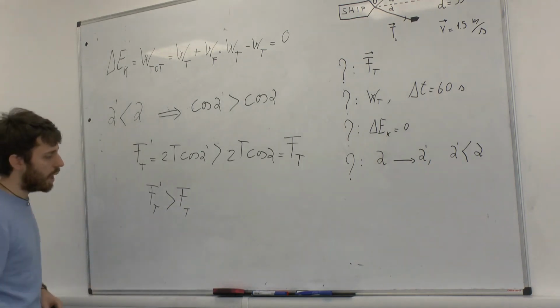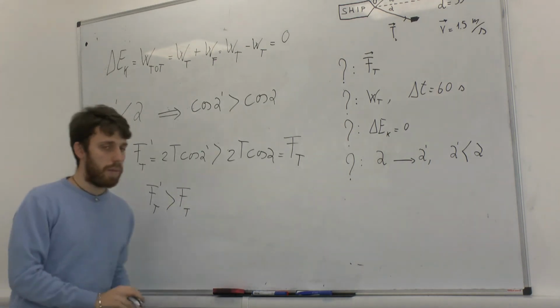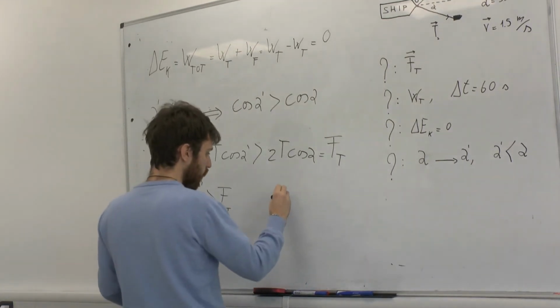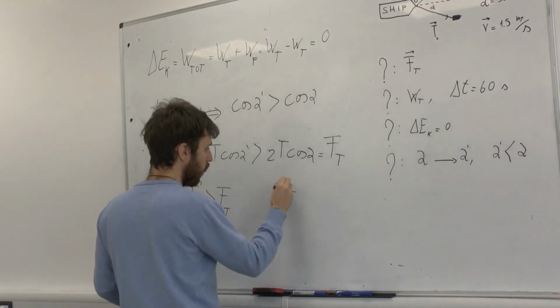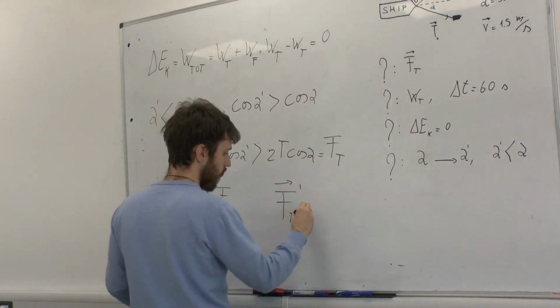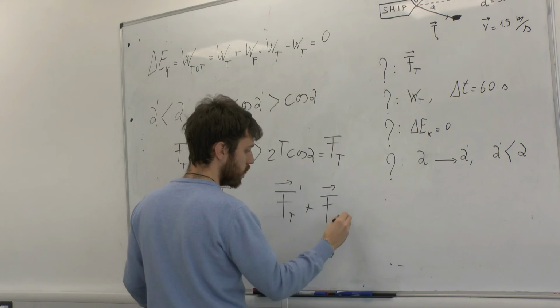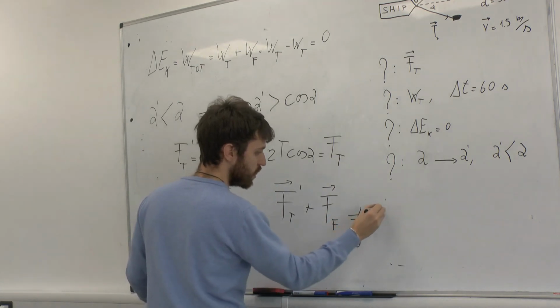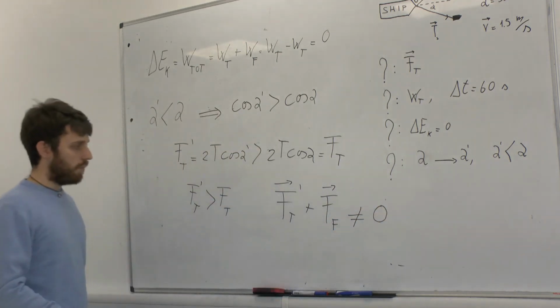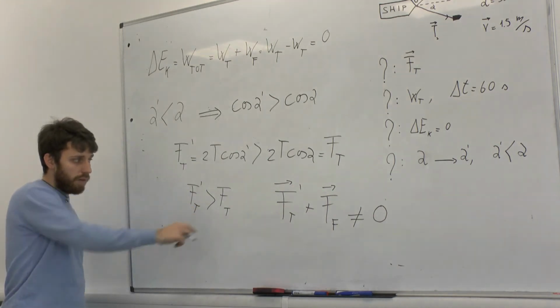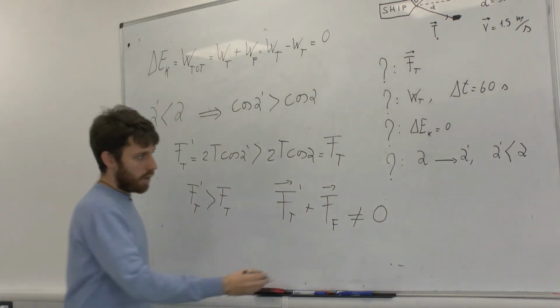With this relation, if we remember Newton's law, this time the equality Ft prime plus F frictional equals zero is not satisfied, because the modulus of Ft prime is bigger than the modulus of Ft.